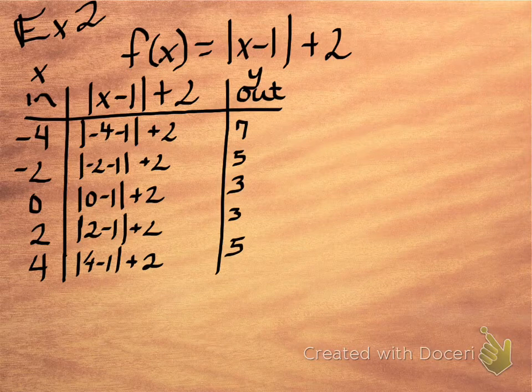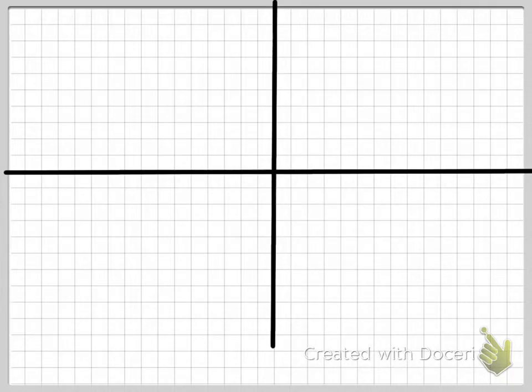Okay, I am going to go over to my graph, and I'm going to graph those points. -4, 7. So 1, 2, 3, 4.